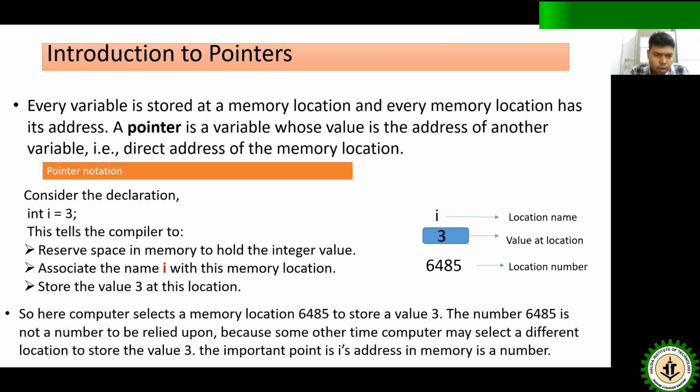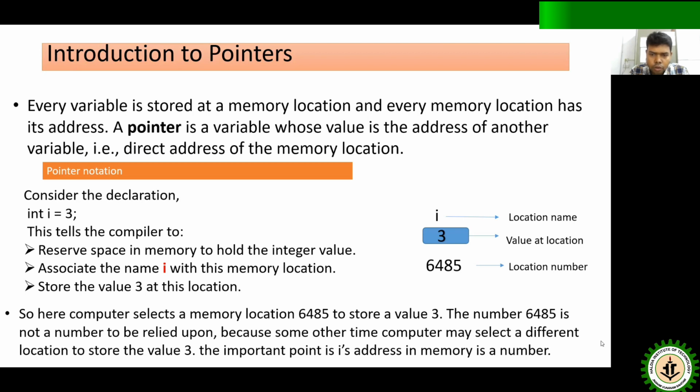Then we store 3, that is the value, at that location. So there are 3 things: the location name, the value at that location, and the basic thing, that we have to reserve a location. And in memory, every location has a particular number.